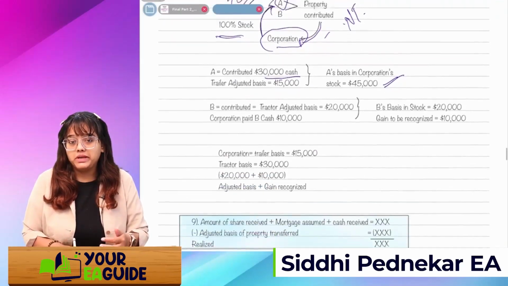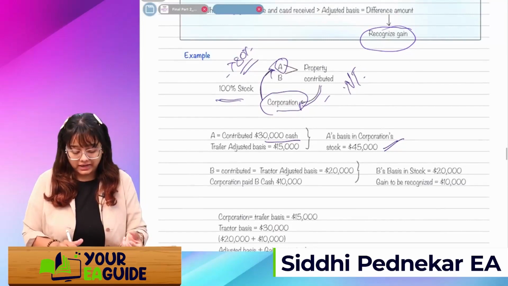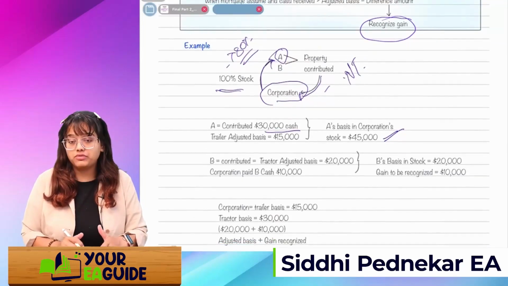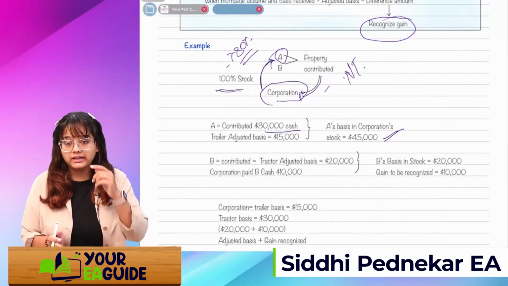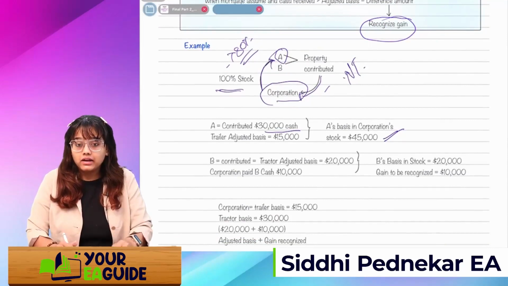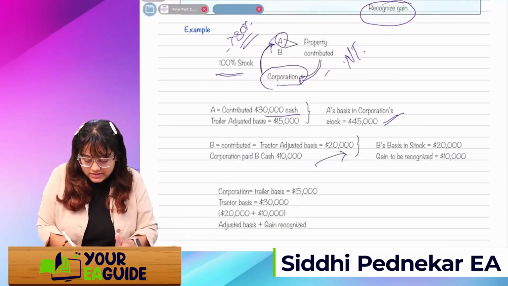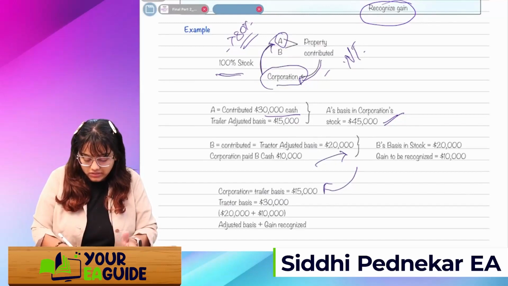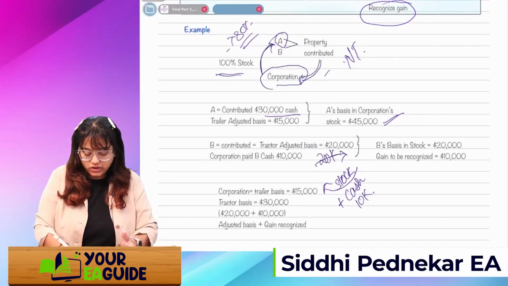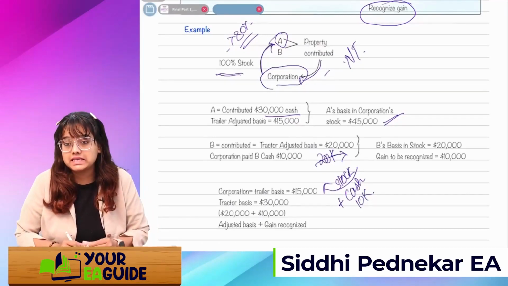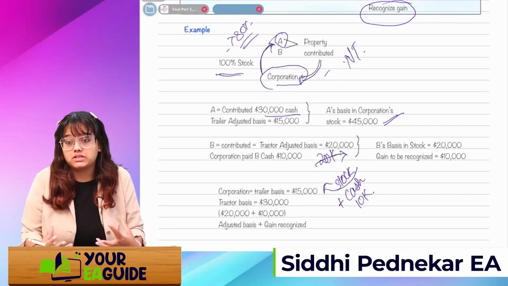If I talk about B, for example, B has contributed a tractor with an adjusted basis of 20,000. Against this, the corporation is giving him stock, plus the corporation is also paying him cash of 10,000. So what is B's basis?